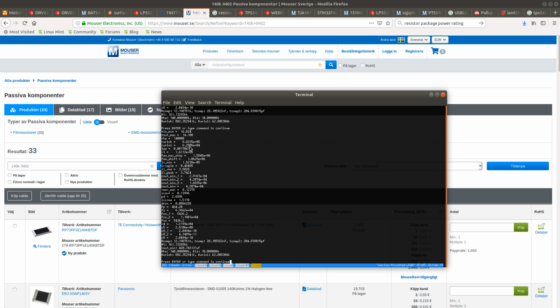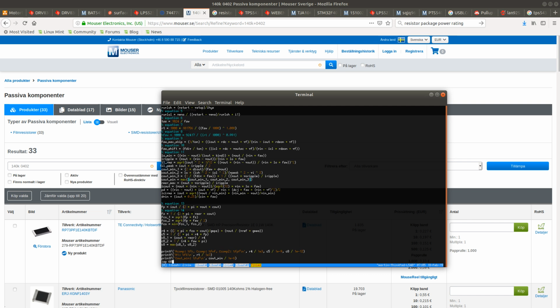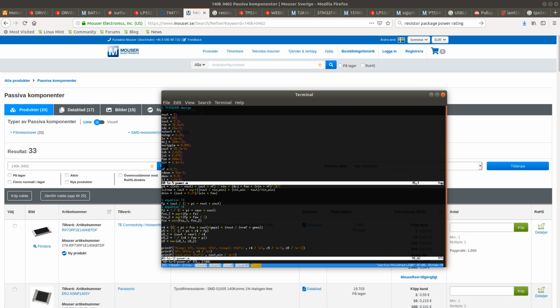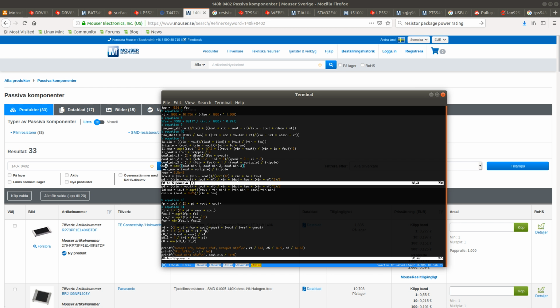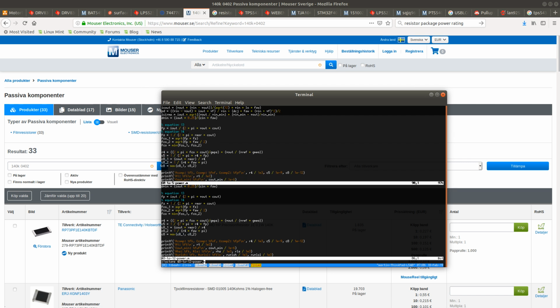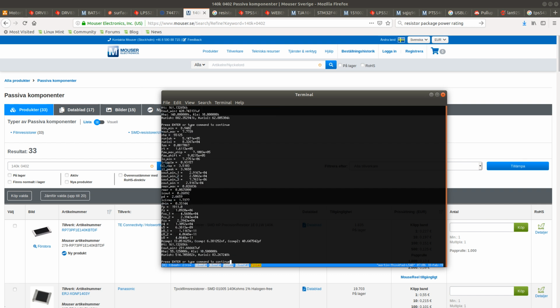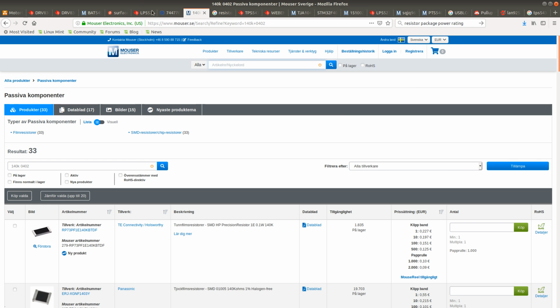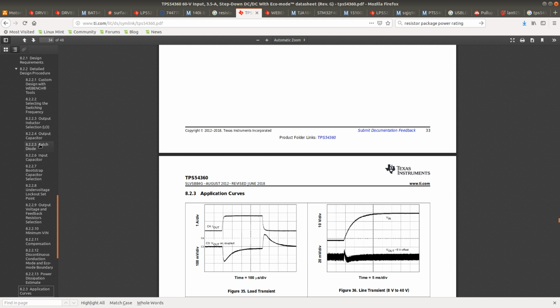I'm going to check their design here. I think something is wrong, because their design uses a much lower output capacitor in the datasheet.